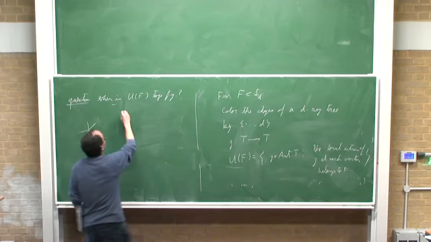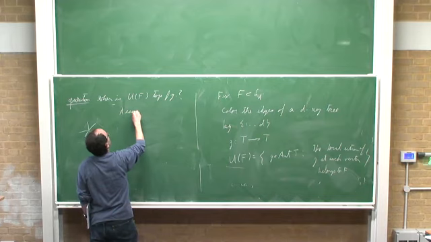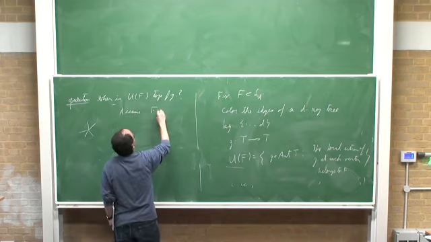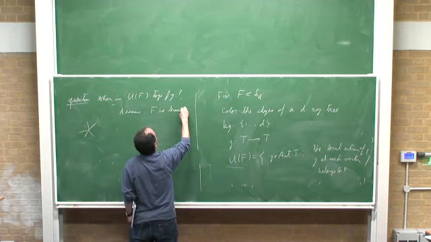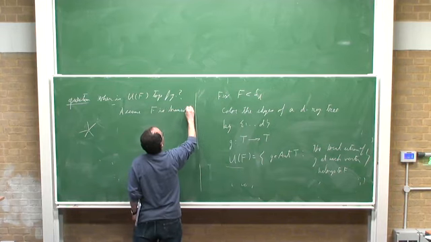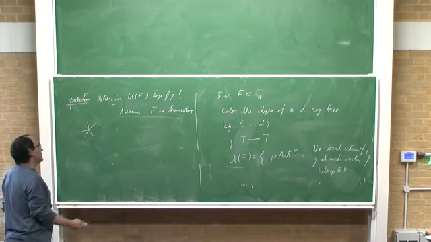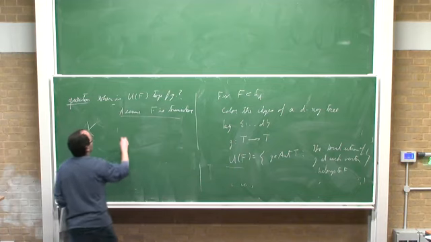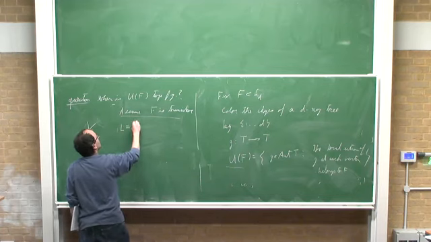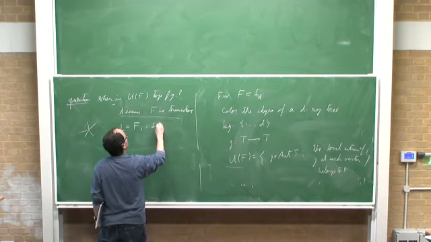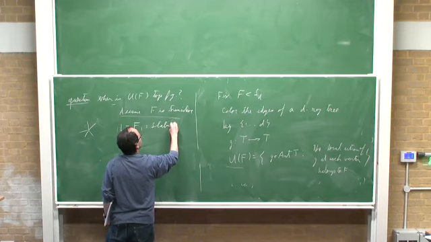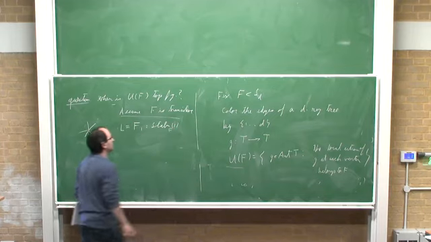So from now on, let's assume F is transitive. That's one assumption. And because of this assumption, we are going to be interested in the following group, L, which is F_1, the stabilizer of 1 in F.